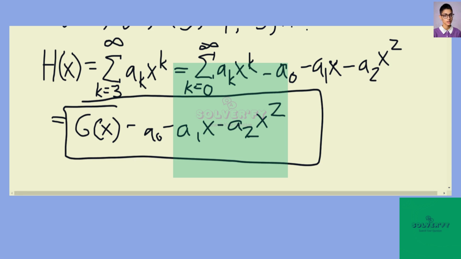In part B, we're given the sequence a0, 0, a1, 0, a2, 0, and so on.